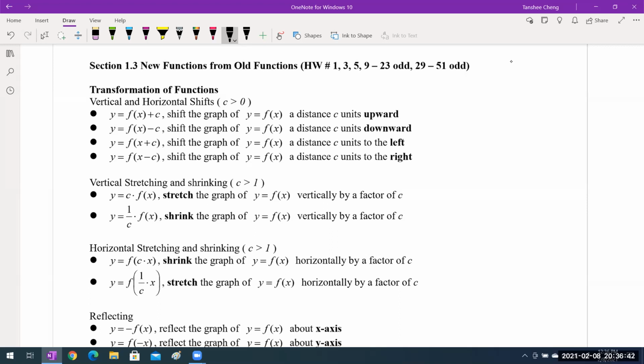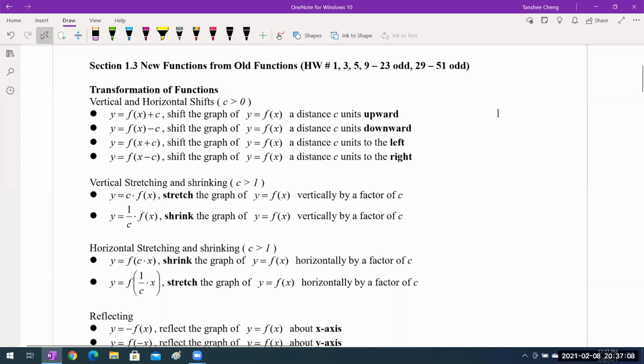If you multiply by a negative number, it will include the reflection as well, which we'll talk about separately down there. So if the constant multiple is greater than 1, then the graph is going to be stretching. And if the constant multiple is between 0 and 1, then it will be vertically shrinking.